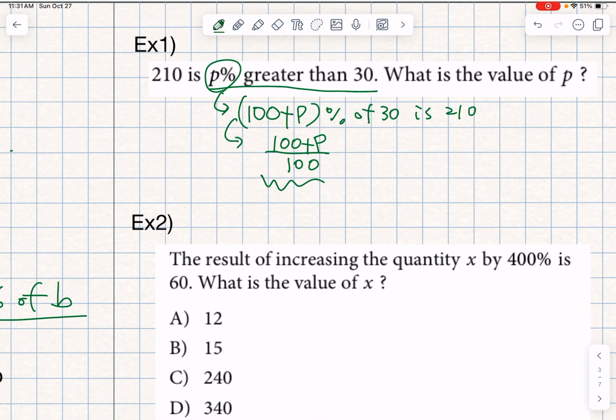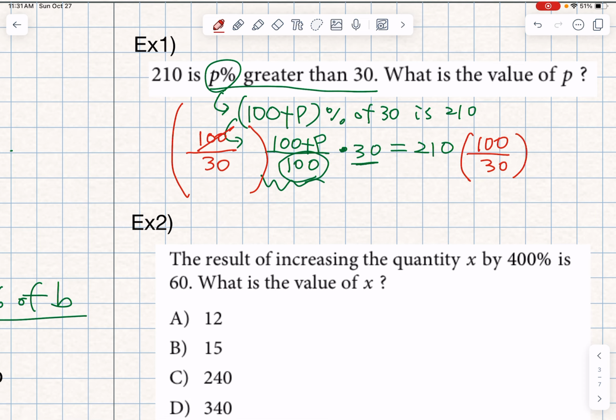That's easier. So 100 plus p over 100 times 30 is 210. Now it's multiplied by 30 and divided by 100, so you can multiply by the reciprocal, which is multiply by 100 and divide by 30 on both sides.